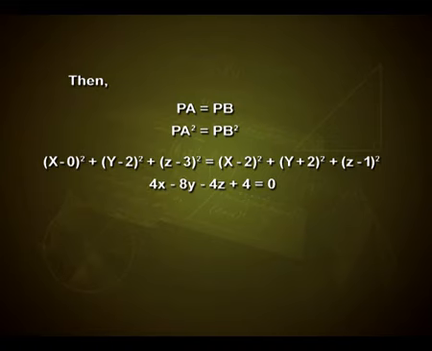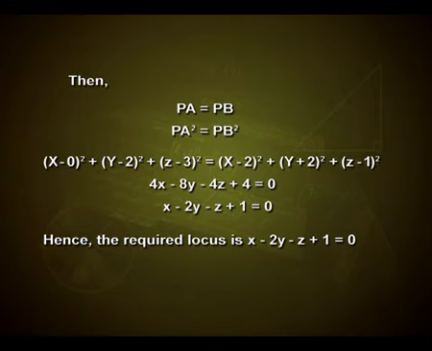As we can see here, 4 is common and we can reduce it to x minus 2y minus z plus 1 is equal to 0. Hence, the required locus is x minus 2y minus z plus 1 is equal to 0.